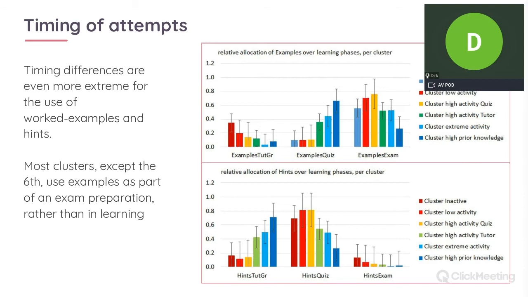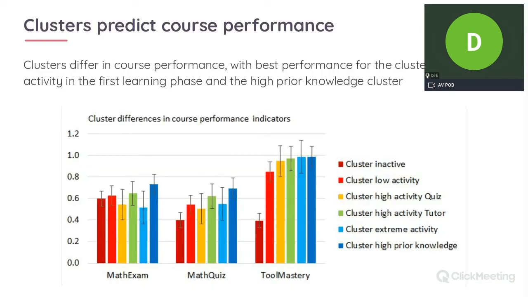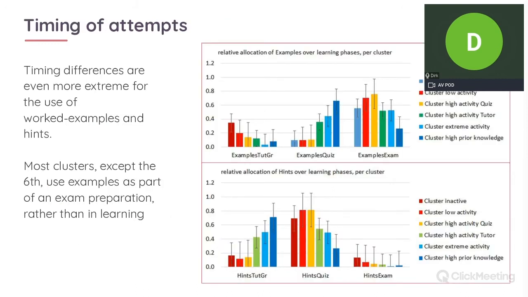In terms of timings of the attempts, we see again these large differences, and these are the attempts. And on the next slide, because I will try to go somewhat faster, we will see, I don't know, so these are not so much the attempts, the title is wrong. These are the examples and the hints.